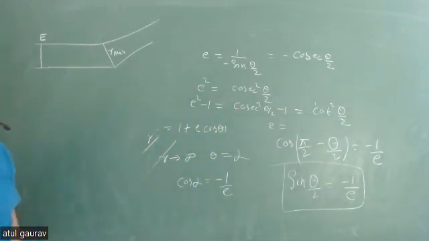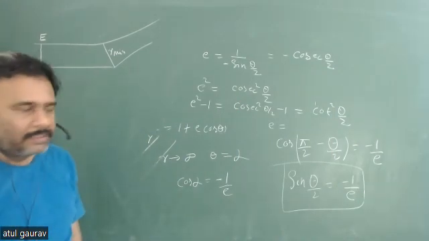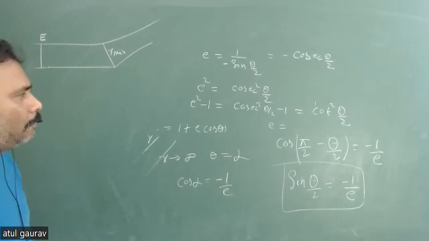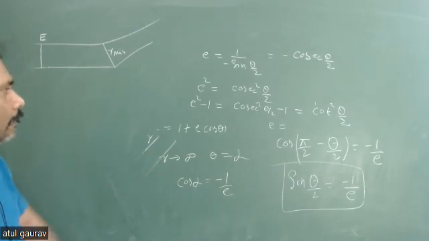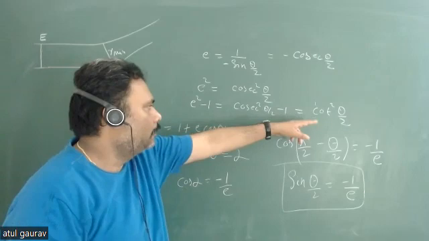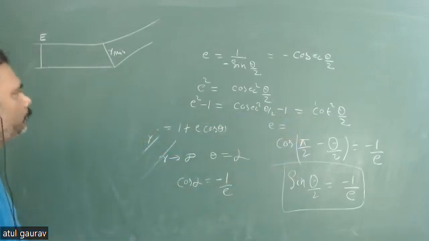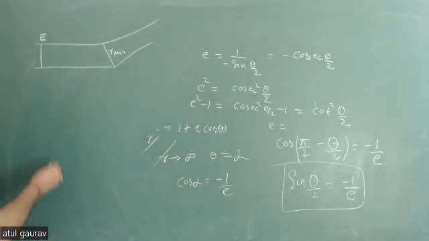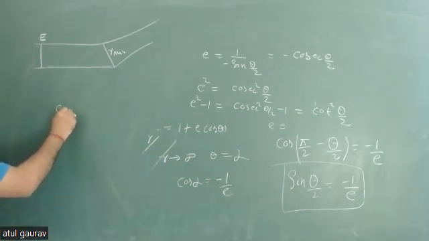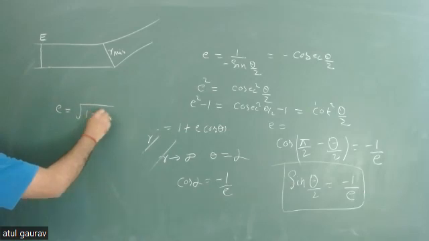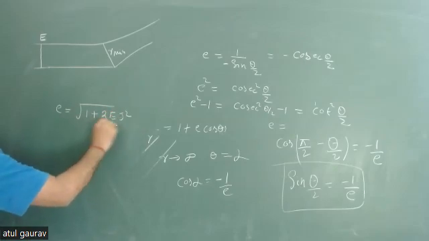यहां तक clear हो ना? Yes, लिख सकते हैं ऐसा? Yes, sir. ठीक लिखा हो ना? cosec square theta by 2 minus 1 is equal to cot square theta by 2. ठीक है कि नहीं? Yes. Okay. Now look at here. What is your E? E is equal to root under 1 plus 2EJ square upon MK square.